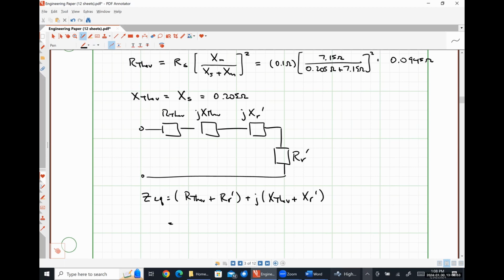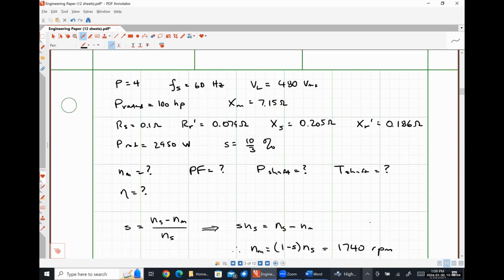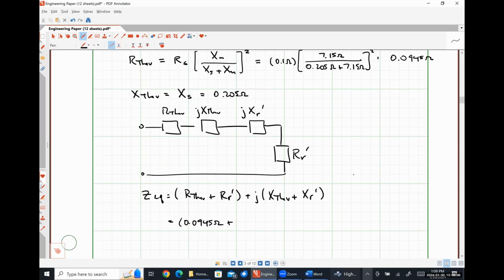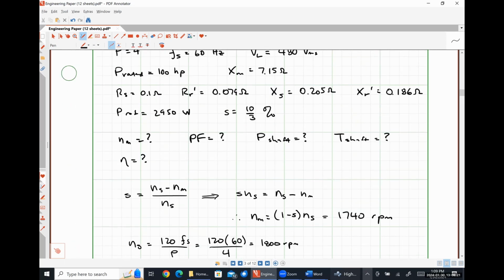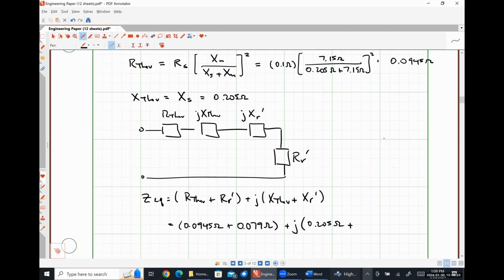So that is going to be 0.0945 ohms plus RR prime, which was given to be 0.079, and XThev was 0.205, XR prime was 0.186.